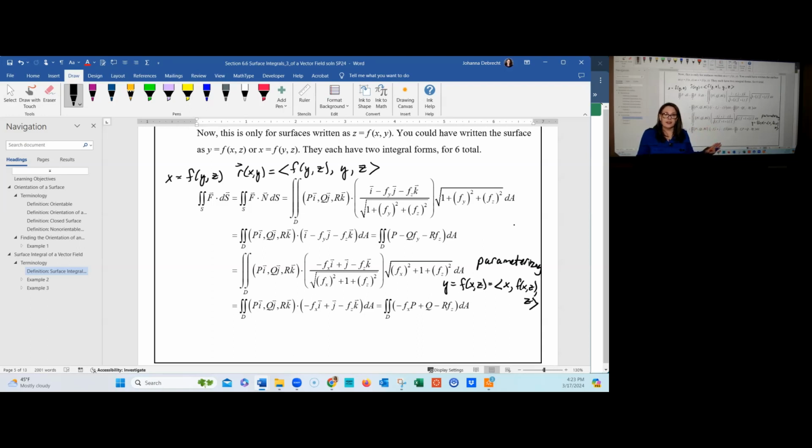Given that you have to verify that the normal vector points in the correct direction and that you may need to multiply by a -1, there are actually 6 possible forms that you may need to look at.